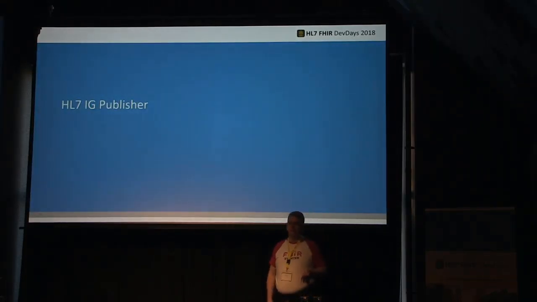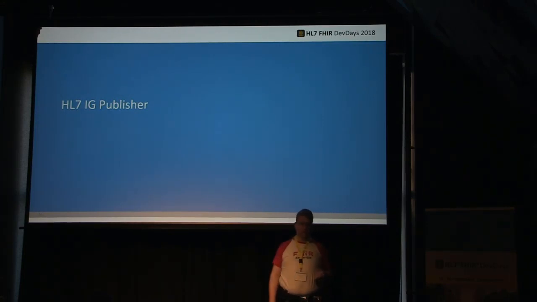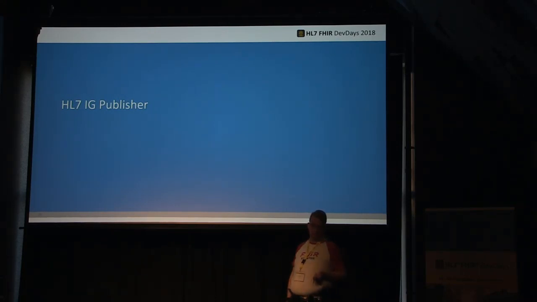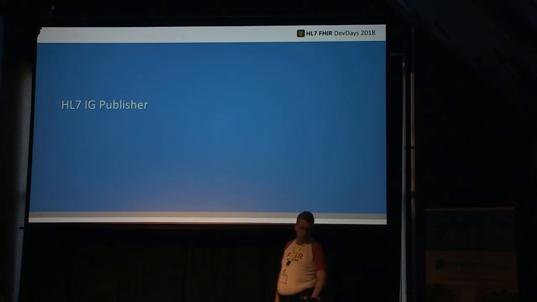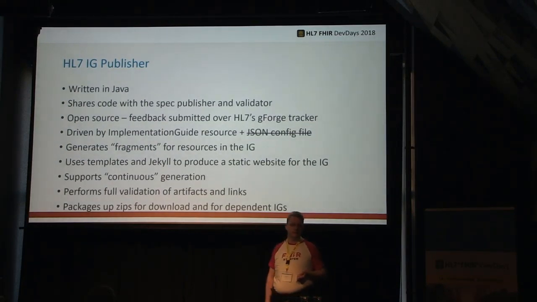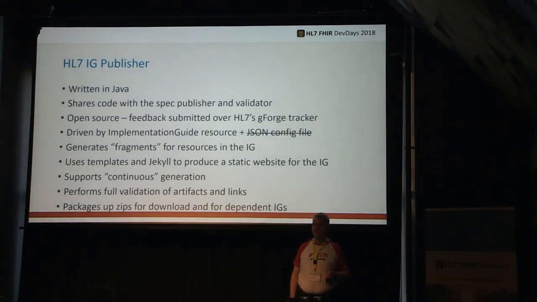Last tool is the HL7 IG Publisher. This one's been around for the longest, which is 3.5 years, I think, which isn't terribly long. We created this when we started to have enough solidity to the FHIR specification that creating implementation guides made sense.